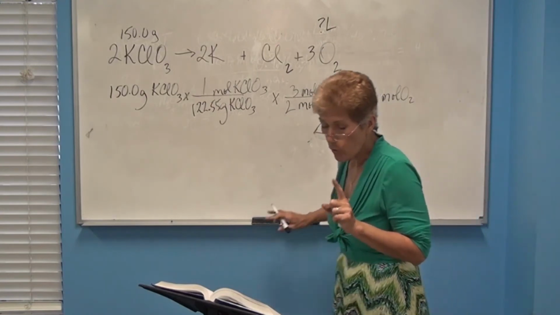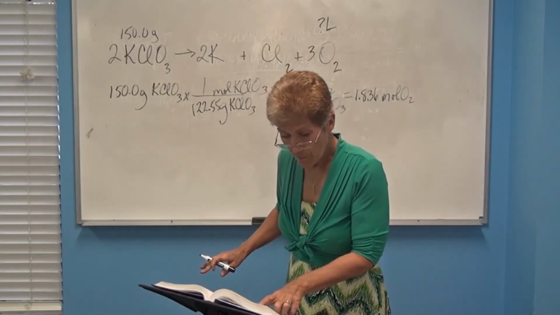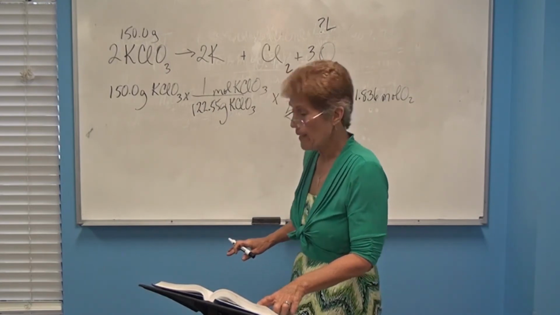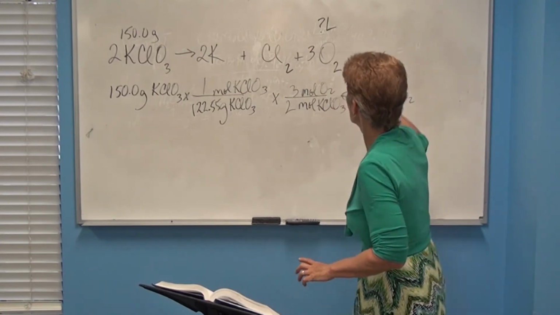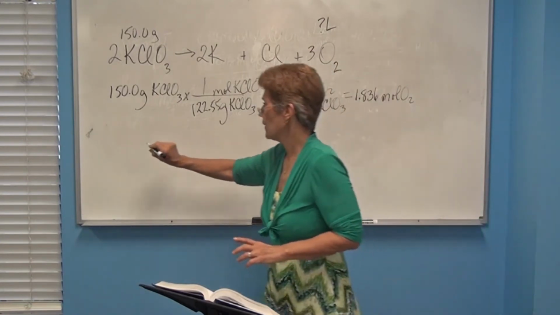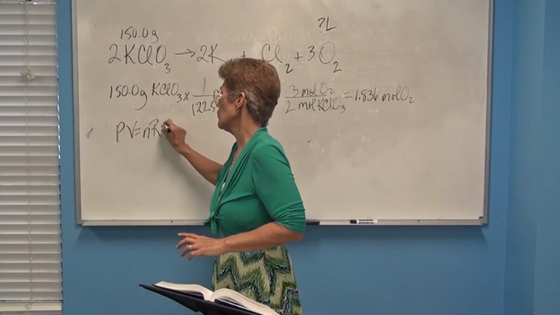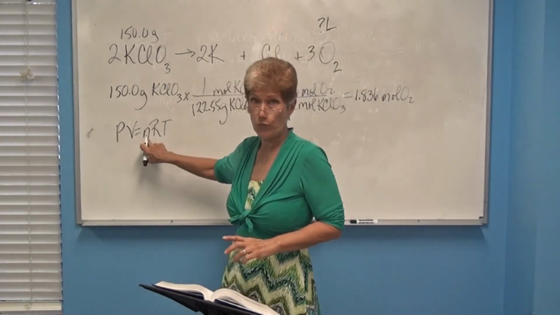Now, our question was, what is the volume of oxygen made at STP? The volume of oxygen. Now we have to use, I'll put it down here, PV equals nRT. Because we're looking for volume, aren't we? And we have moles.